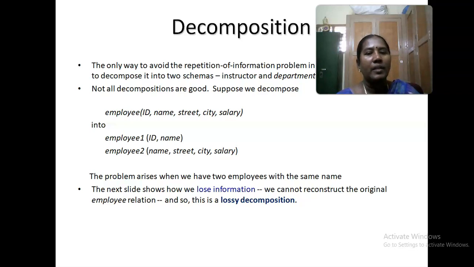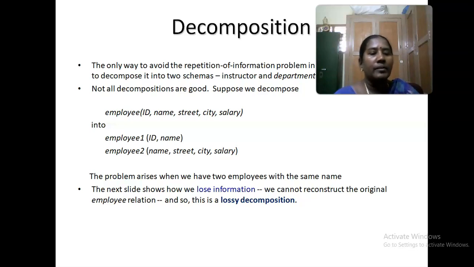So we can consider the avoidance of repetition of information by using decomposition of the schema. One way to avoid repetition of information is for the department schema to be decomposed into two, that is instructor and department. But not all decompositions are good. Suppose we decompose the employee schema into two, employee 1 and employee 2.